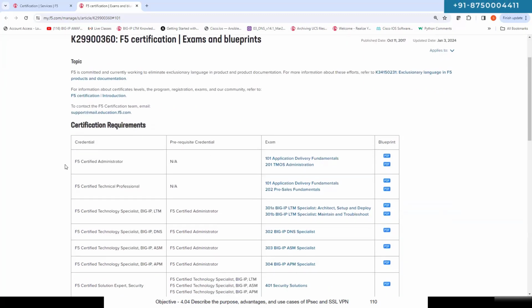They have recently renamed that domain to my.f5.com. Earlier it was a little different. I will also cover which different support domains we have got and how we can utilize them. But for now, let's talk about the 101 application delivery fundamentals.